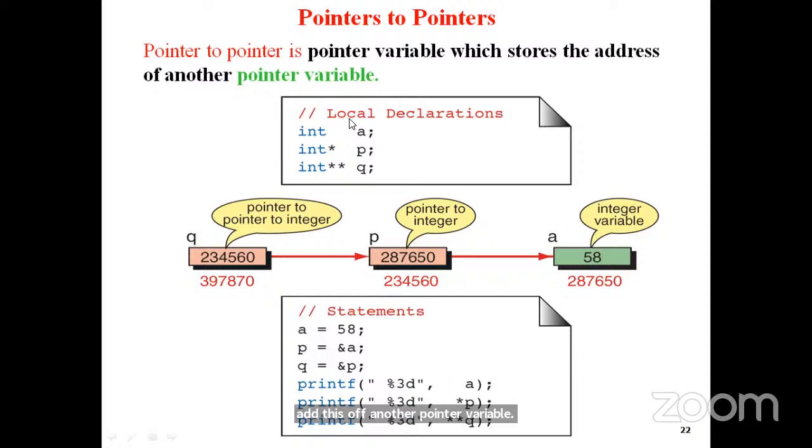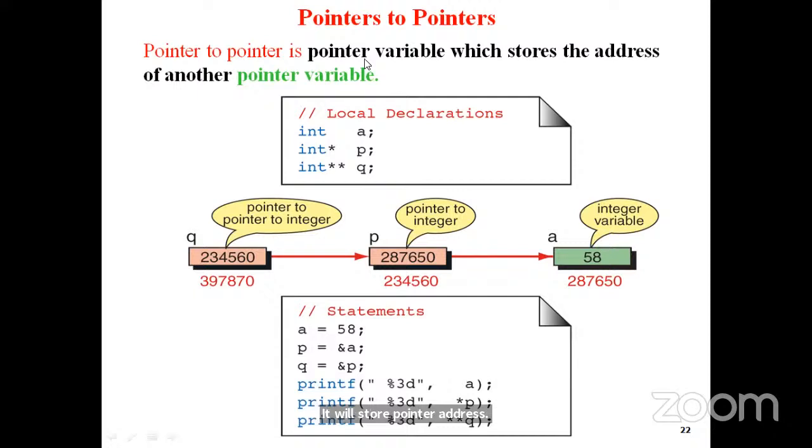Normally a pointer points to the address of a variable. Now we have one more pointer. This pointer will store the address of another pointer, not a variable address. It will store the pointer's address.